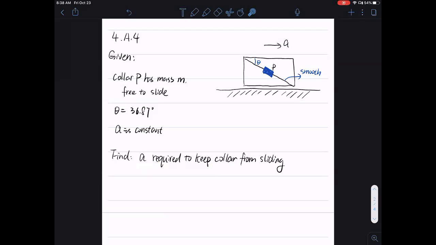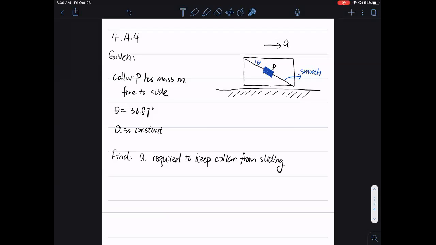I want you to take 1 minute to digest what is going on in this problem. Imagine that you have a car and a slide. When you push that car, the collar will stay in position if the pushing force is enough. It's kind of like the race car problem we did. To keep the race car on the roadway without sliding, you have to keep a certain speed, a certain acceleration. It's the same deal here.